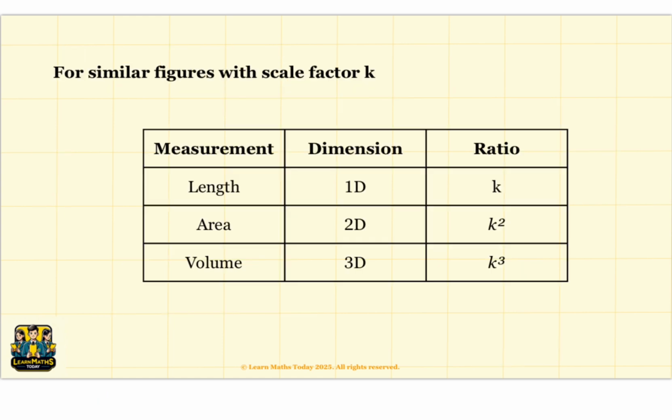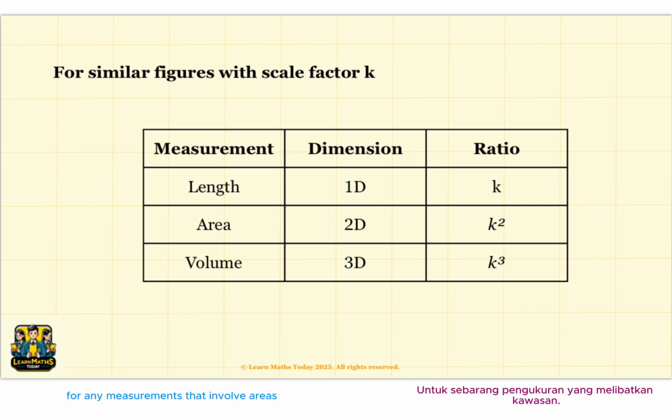Now let's summarize what we have learned in this table. For any measurement that involves length, like the side of a square, the radius of a circle, or the height of a triangle, these are all one-dimensional measurements. The ratio between the similar figures is simply k, the scale factor.